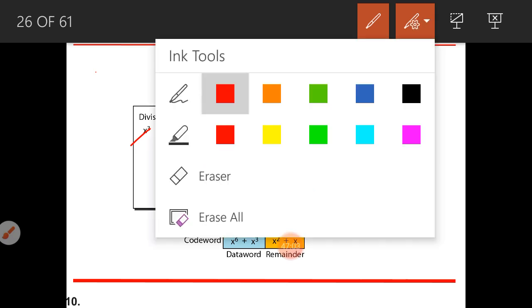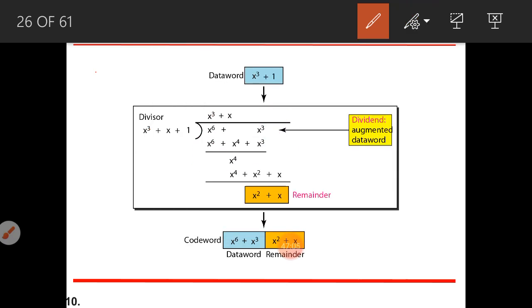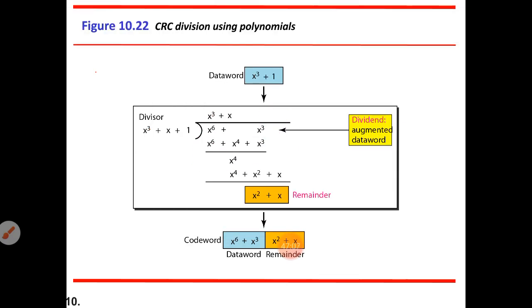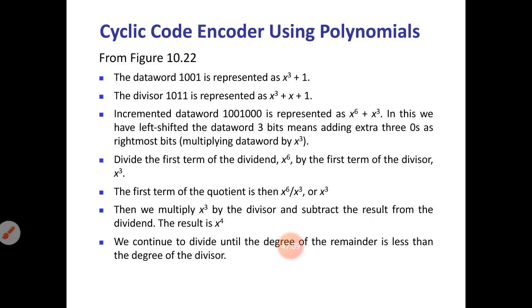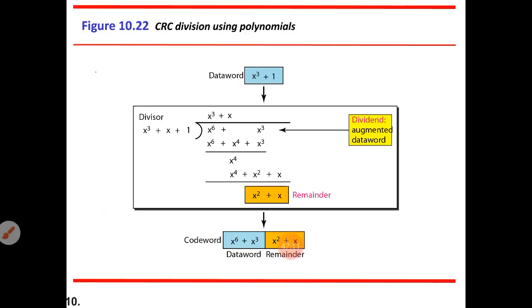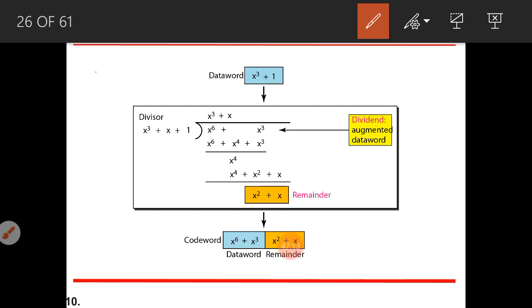Now we use this x raised to 4 as a dividend. The first term of the dividend we divide by the first term of the divisor, as we did in the previous step.